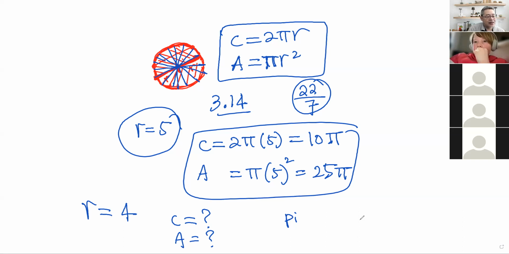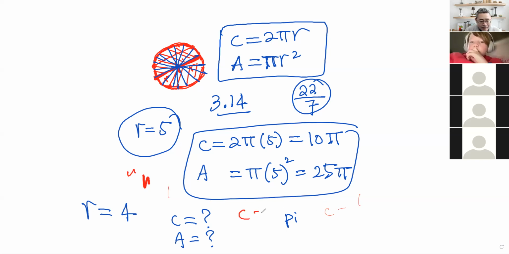Area is... so we know the circumference is... All right.